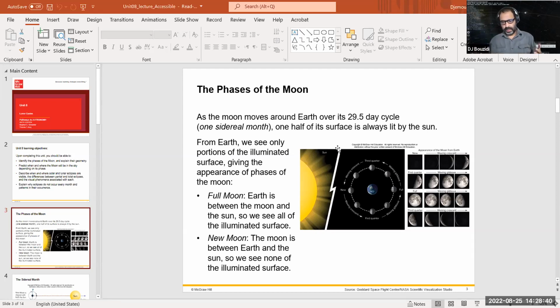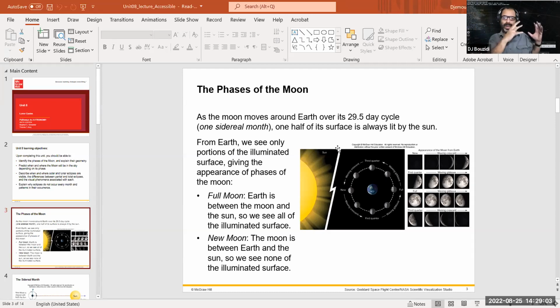So at that time, we don't see it. That is a new moon. Then it's going to keep on moving away because it moves a lot faster. It's actually the fastest object moving around the Earth on a daily basis, and we can track that with Stellarium. Then it's going to go through all of the phases I described before until it's full moon when it's on the other side of the sun.